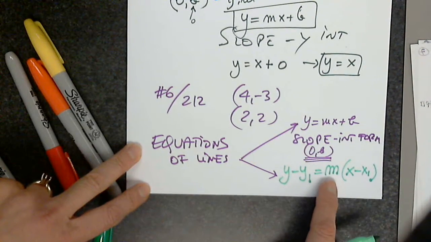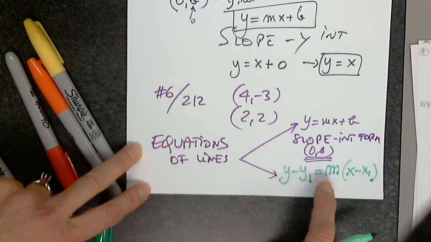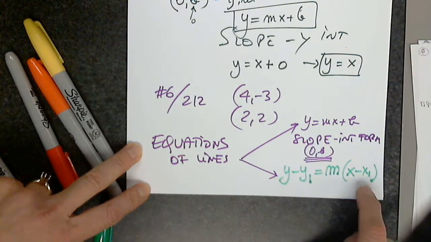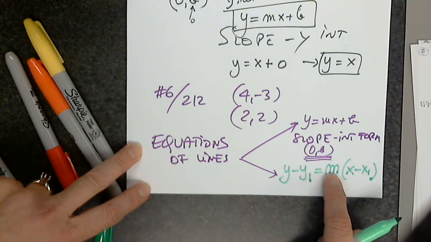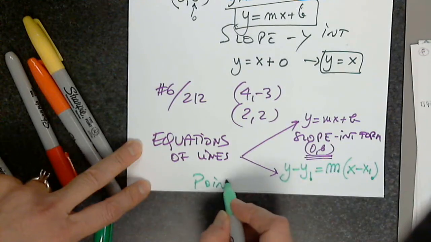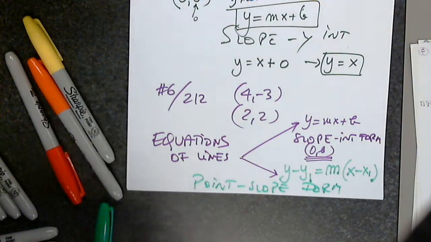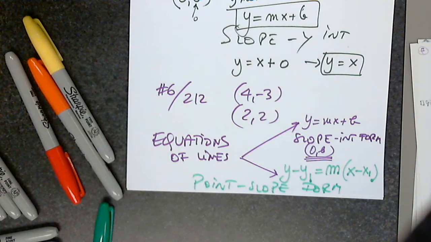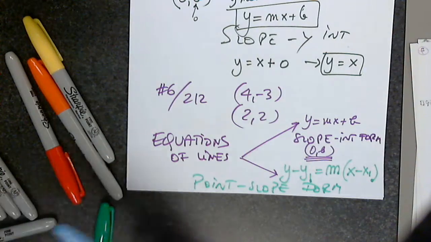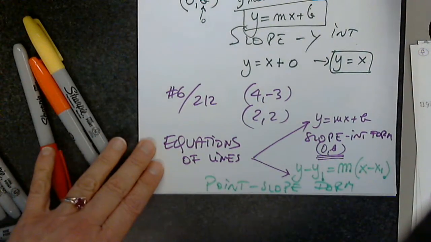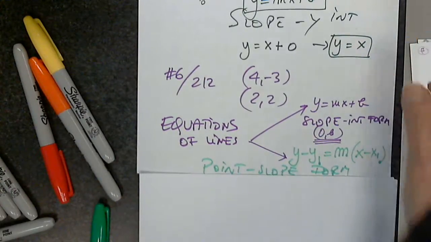Y minus y1 equals the slope times x minus x1. The name of this is point slope form. Okay.